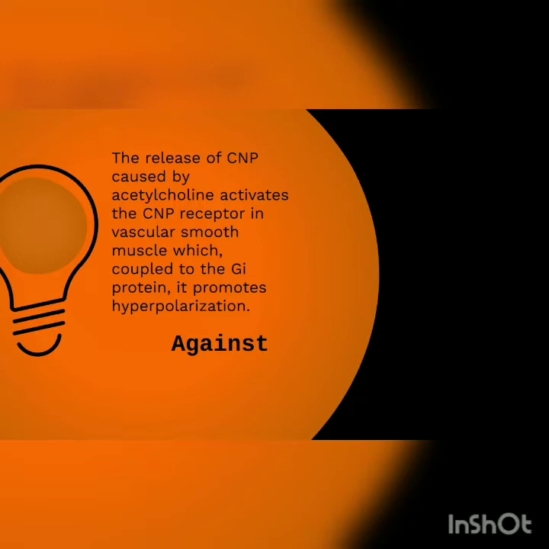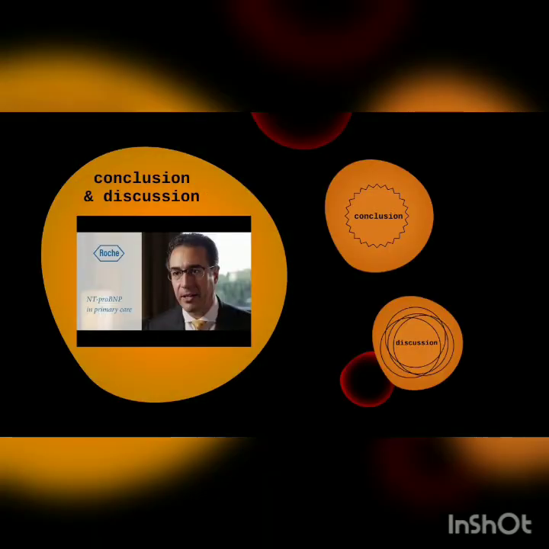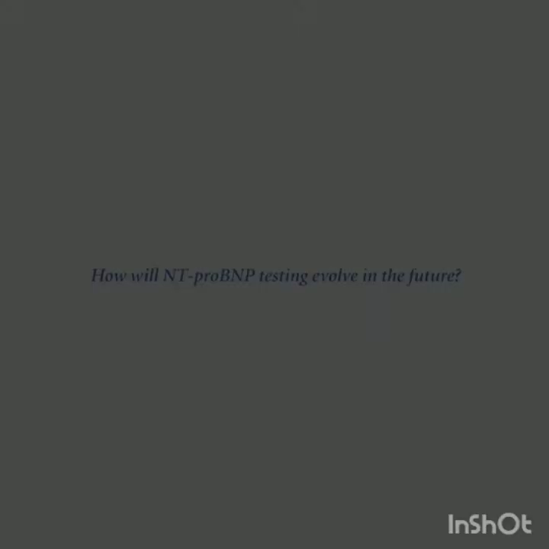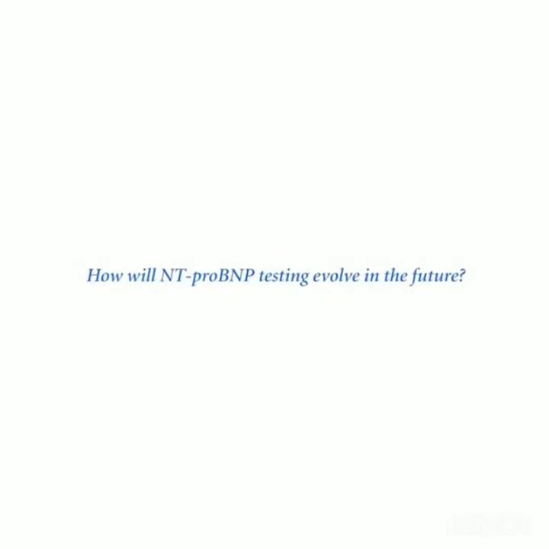Now, a video about natriuretic peptides in primary care. So I think in the future, another area where we can expect to see NT-proBNP used substantially is in the primary care setting for earlier detection of structural heart disease and identification of heart failure at even earlier stages.